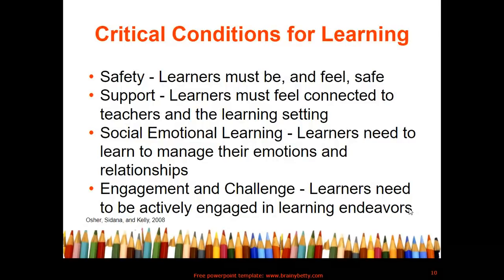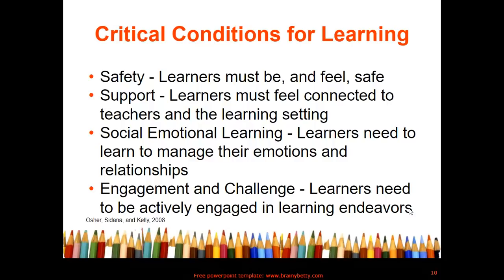Some critical conditions for learning are, number one, your students need to feel safe. The learners must be and feel safe in your presence. You need support. Learners must feel connected to teachers and the learning setting. We're going to talk a little bit later about how important those relationships are.